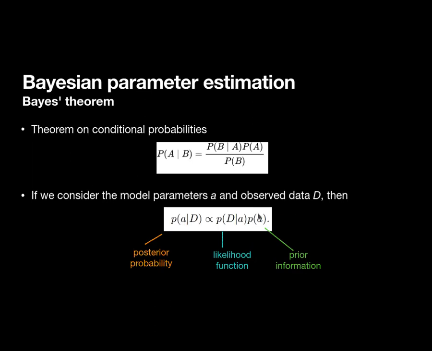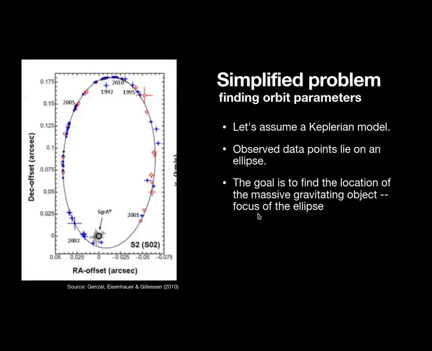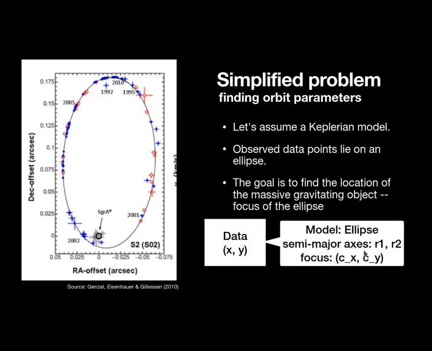Say, in this case, you're looking at an ellipse. We can definitely say that the semi-major and the semi-minor axes are within certain bounds. So you already have some prior information on what the resultant model parameters are, that is R1 and R2.